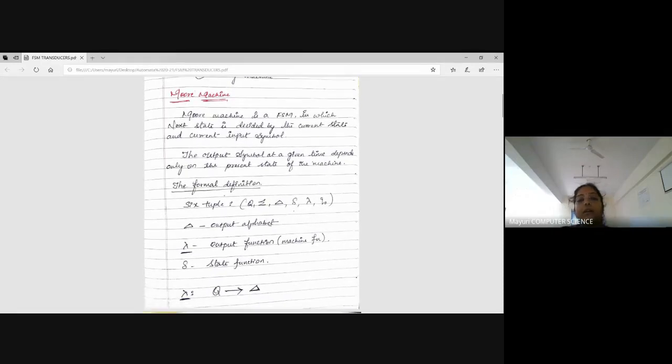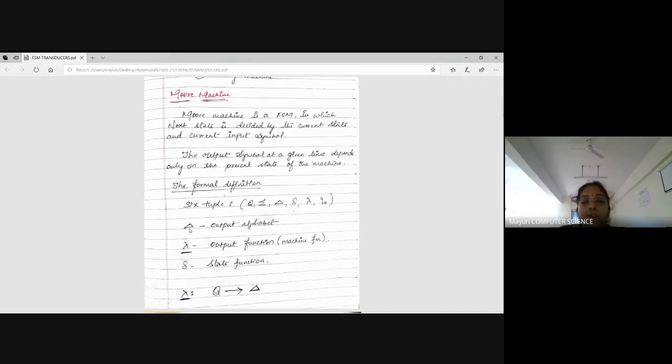In Moore machine especially, every state has its own output. The set of all output alphabets that a question is telling you is represented with this triangular symbol.